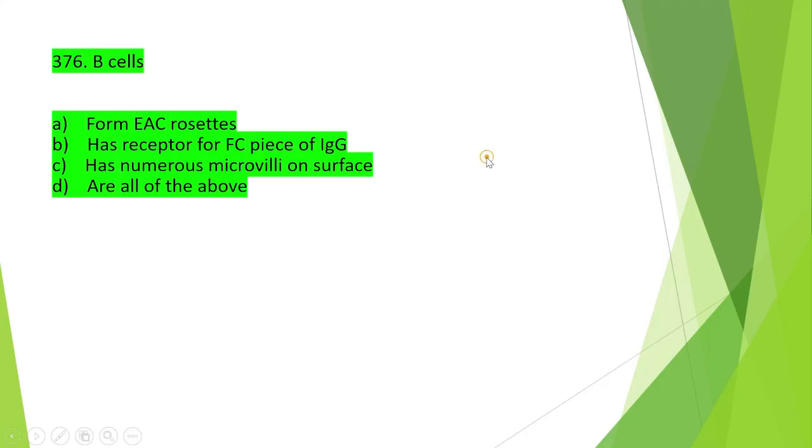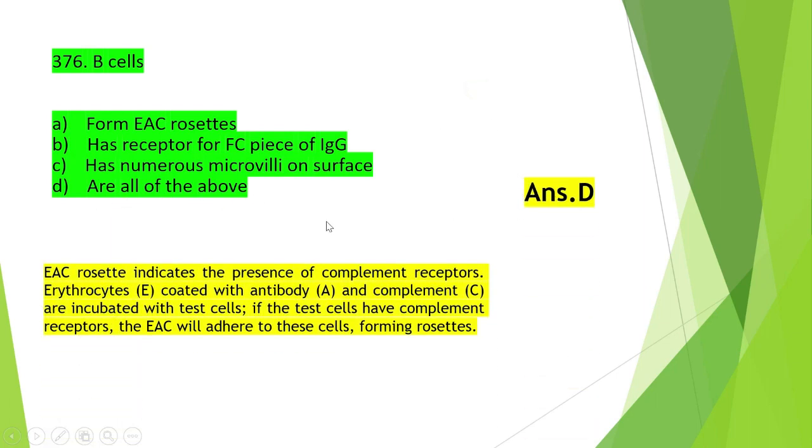So the first question is, B cell from EAC rosette has receptor for Fc piece of IgG, or has numerous microvilli on surface, or are all of the above, and the right answer about the B cell is option D, that is all of the above. EAC rosette indicates the presence of complement receptors.